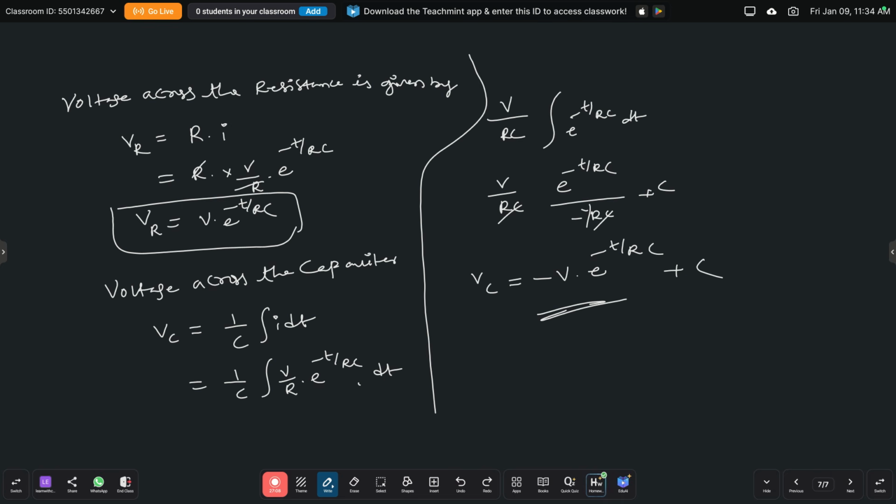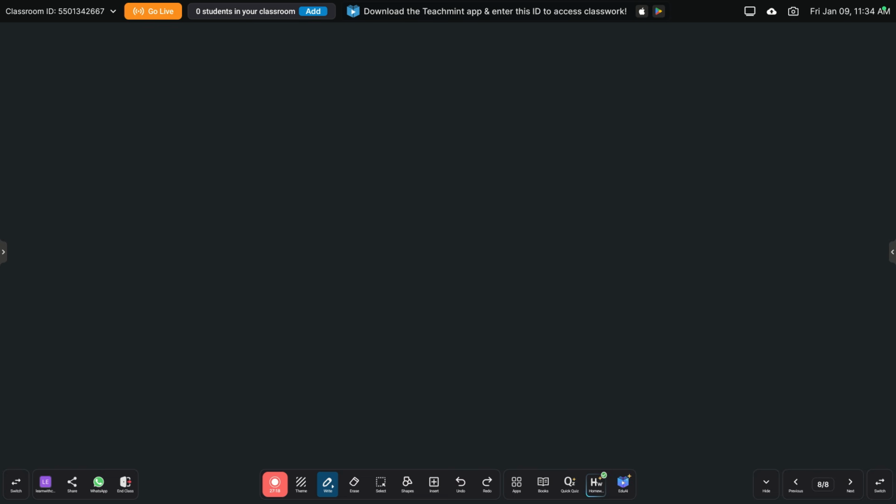So the first one is the voltage across the resistor and the second one is the voltage across the capacitor. In the same way, we find the power across the resistor and power across the capacitor. Next is the power across the resistor, which we treat as PR. What is the formula for PR?